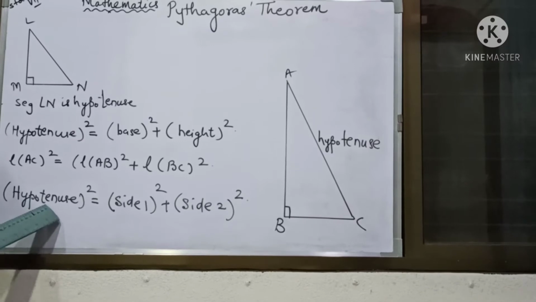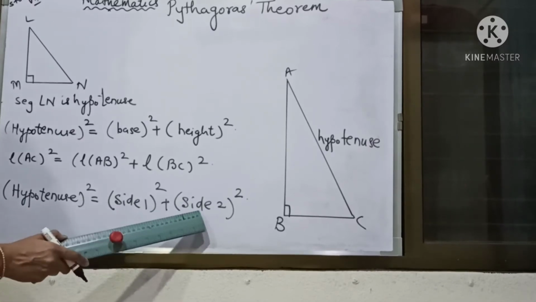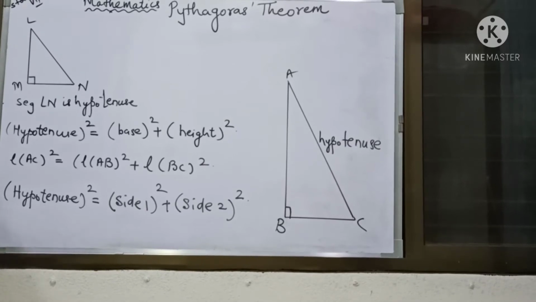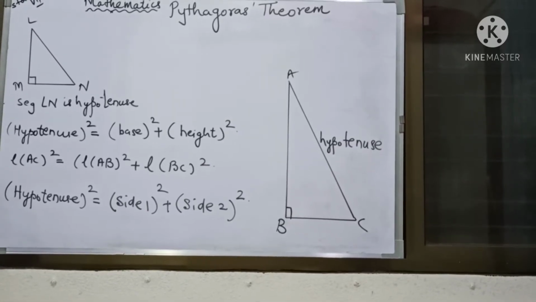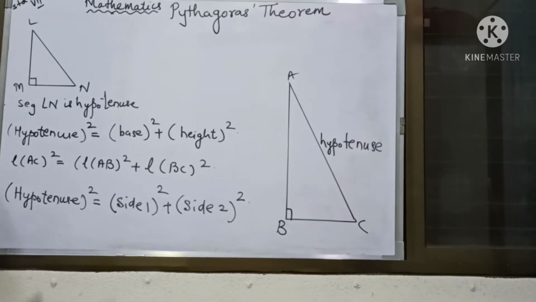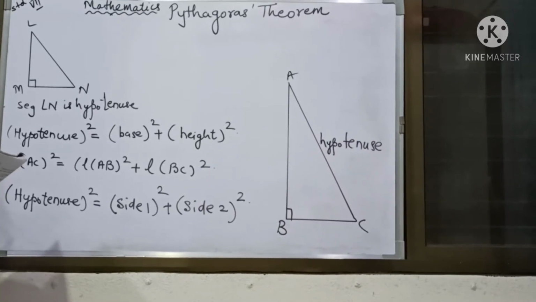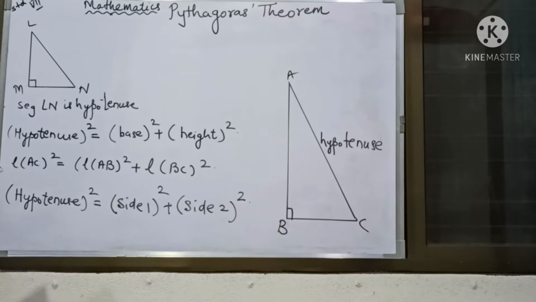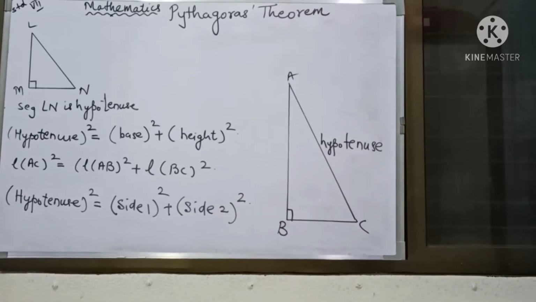So this is the formula for Pythagoras theorem. To verify the Pythagoras theorem, you can solve the activity given on page number 89. The activity is shown in the drawn figure of squares. So you have to do this activity in your classwork.